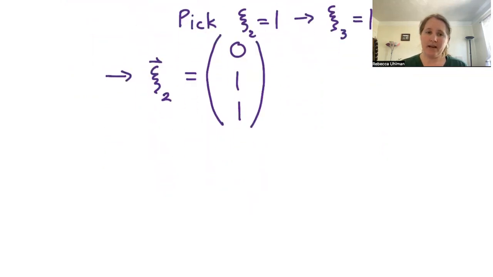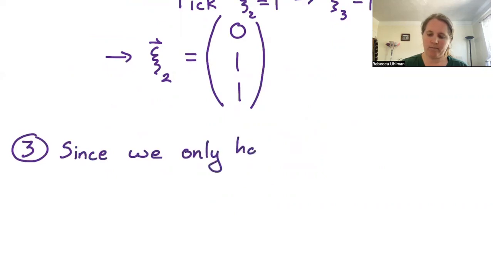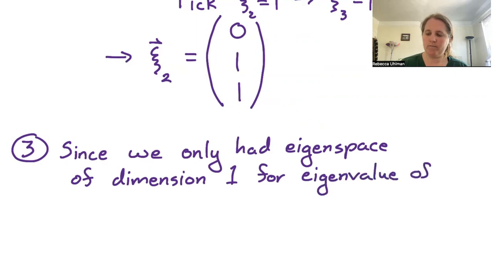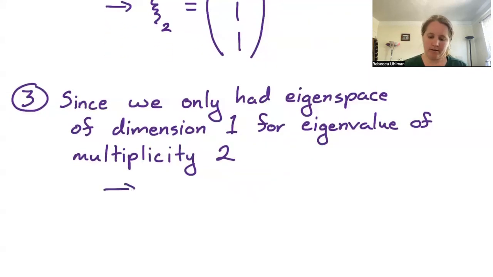Last up, we need to find eta. So our next step is, since we only had an eigenspace of dimension 1 for an eigenvalue of multiplicity 2, then what we need to do is find eta.